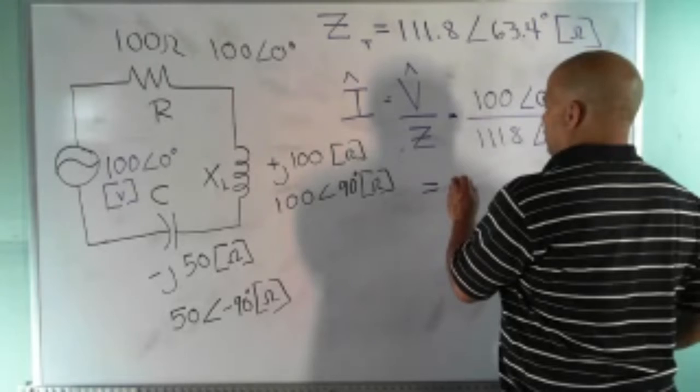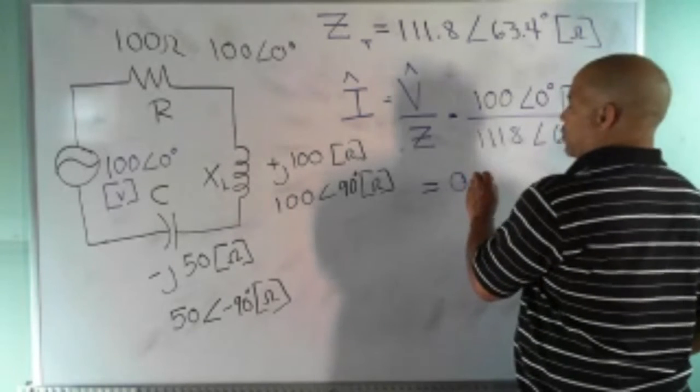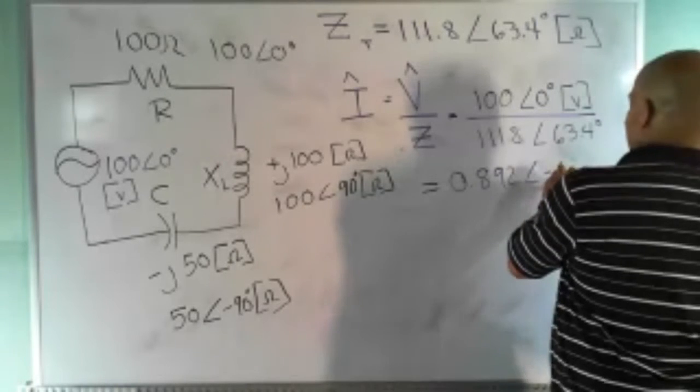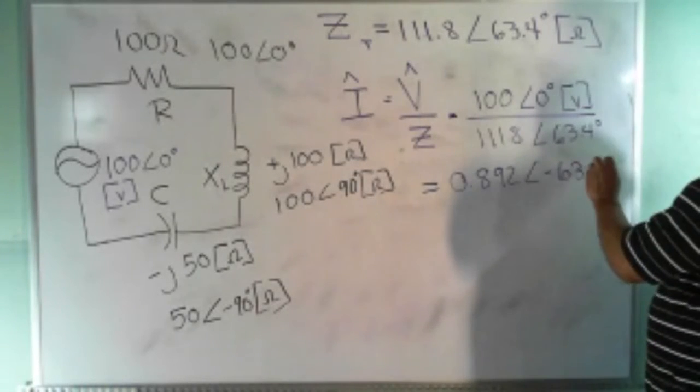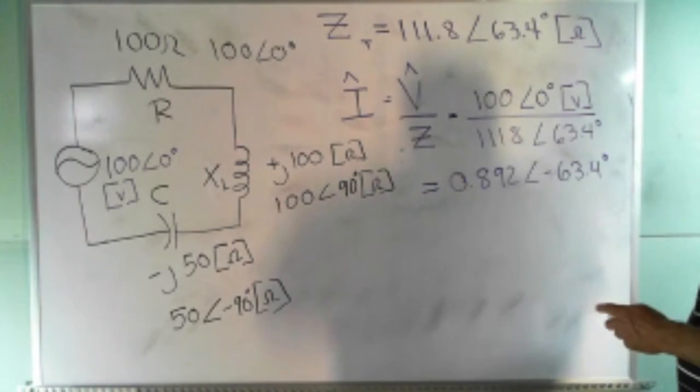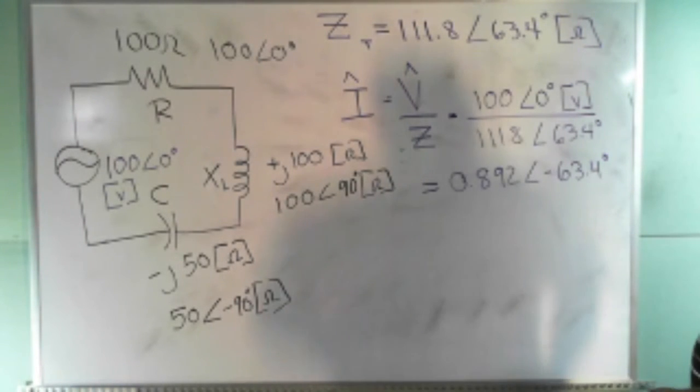So you said 0.892, and the angle would be minus 60. That's about right.